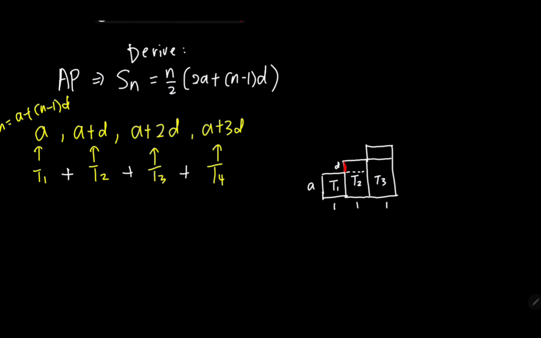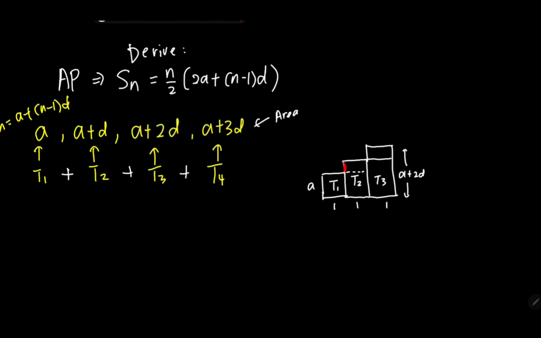Right now at least you understand: a plus 2d is the height, and at the same time a plus 2d is also the area for the third term. Like the height for the first term is a, and the area of the first term is a also. So just imagine all of these are areas of rectangles.